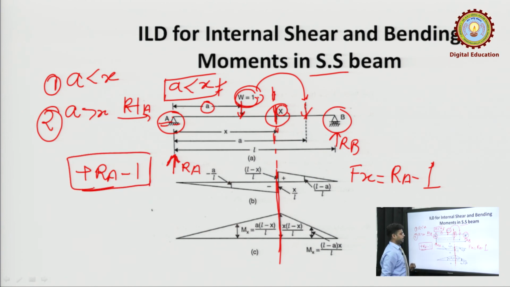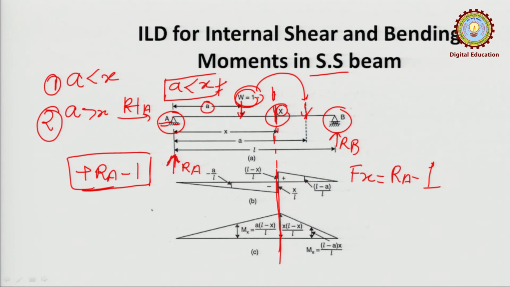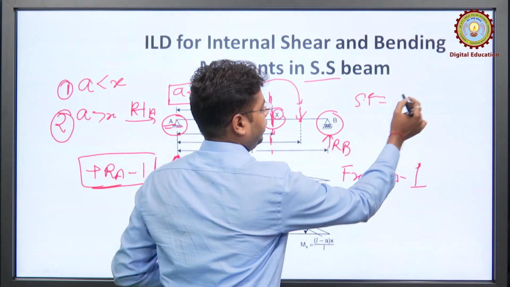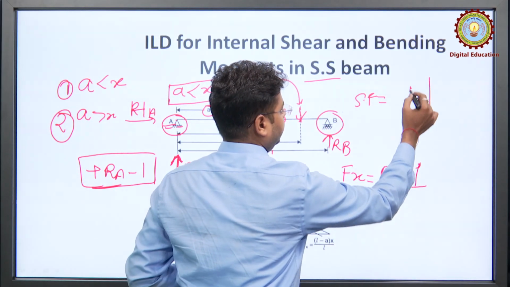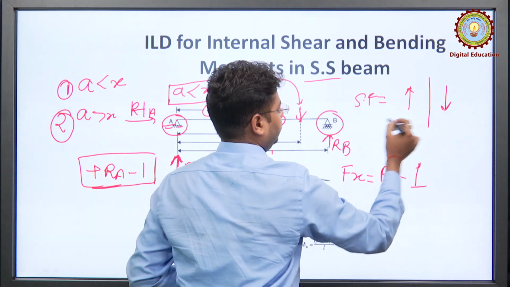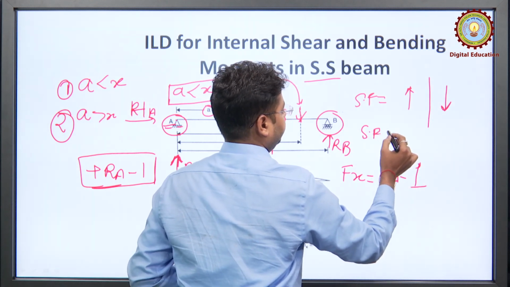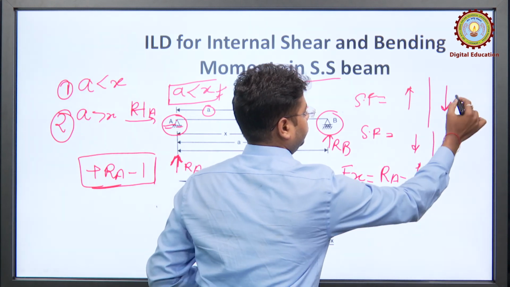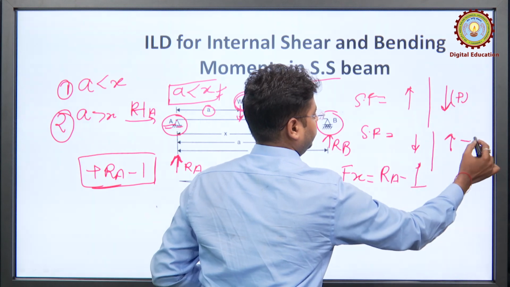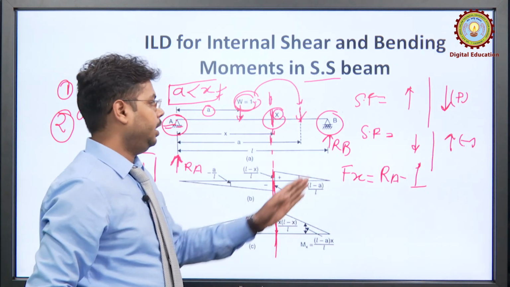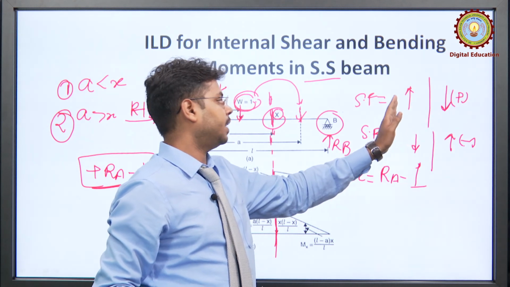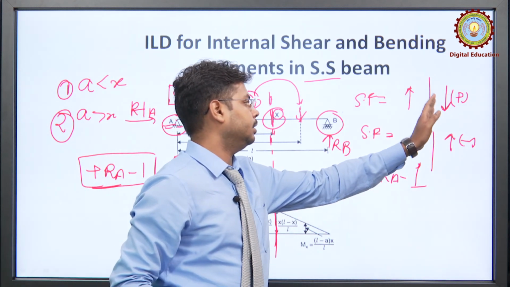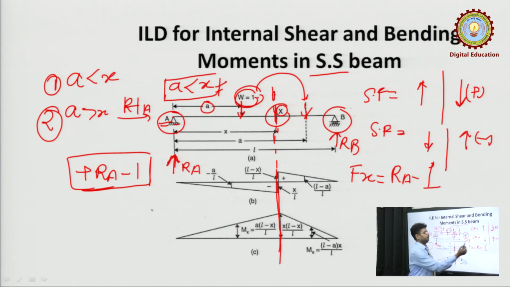How can we decide there is a plus Ra and a minus 1? There is a sign convention for shear force. If we take the force on the right side of the section and the force on the left side of the section, we take a positive sign.